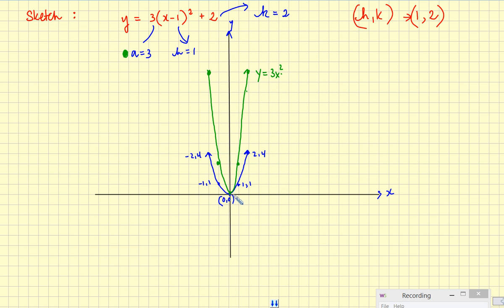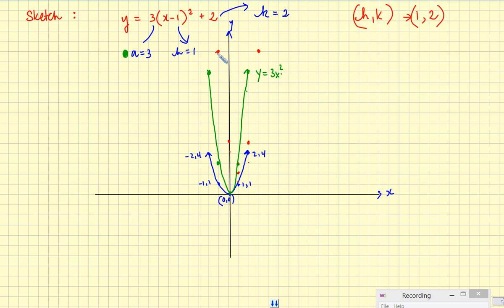So every point on the green graph is going to move 1 over to the right and 2 up. So 1 to the right, 2 up, 1 to the right, 2 up, and the same thing over here, 1 to the right and 2 up.